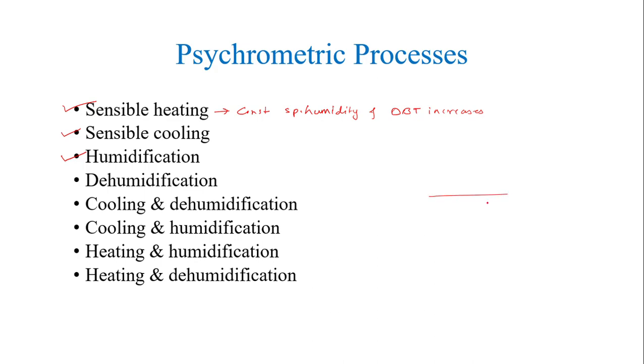Basically, let's say you have this particular chamber, something like this, then you will have the humidifier over here that will be spraying the water, and this is the air stream. So in the stream of air, this water will be sprayed, and because of this spraying of water, the humidification will be done. In this process, the dry bulb temperature of air will remain same. However, the specific humidity increases.